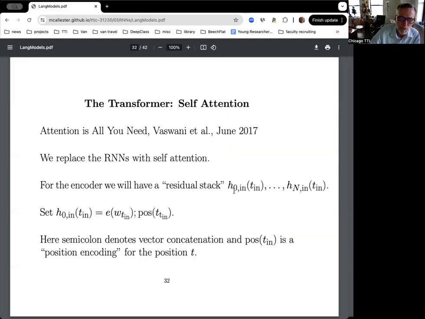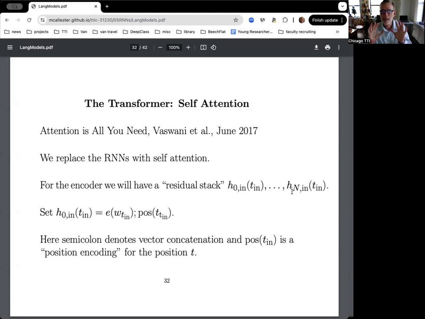All right. So we've got a residual stack. The residual stack has a vector at each token. And for each token, T in, we're going to have the input layer and then later layers. And each one of these later layers is computed with a residual connection involving a computation and a residual path around that computation.